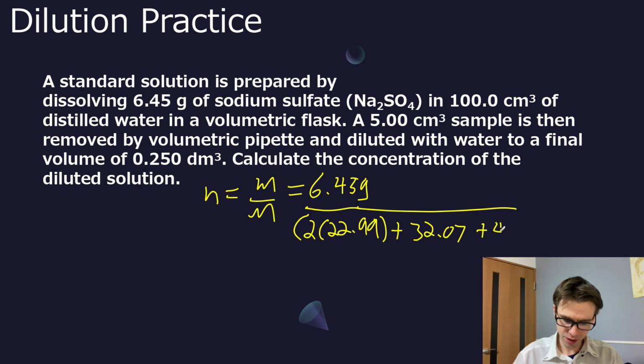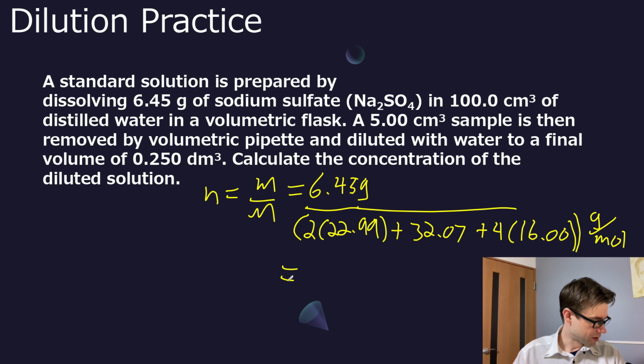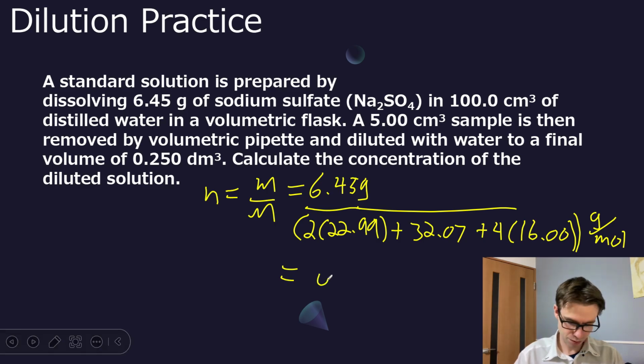And then 4 oxygens, 4 times 16. So 6.45 grams divided by this many grams per mole. Put it all in your calculator carefully. On the bottom there, we should get about 142.05, and then dividing these two numbers, we should get 0.0454 moles.